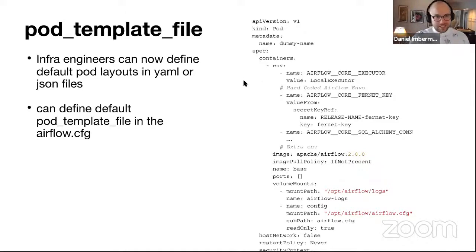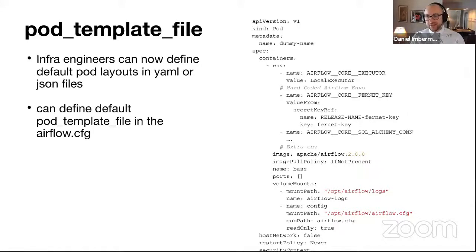You have full access to the Kubernetes API, so you can say, for this pod template file, I need these environment variables, these volume mounts, this node affinity, this image restart policy, this health check. Anything you want, you can put into this, and you can define the default in your airflow.cfg by just offering a path to your default pod template file.